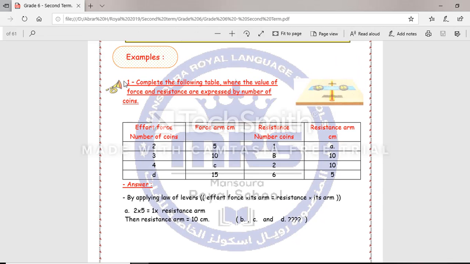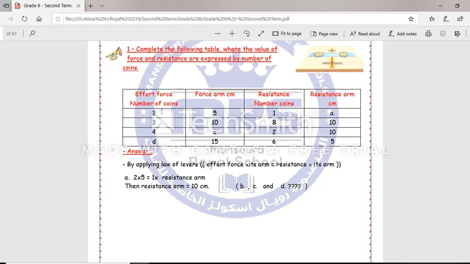Let's see here an example. Complete the following table where the value of force and resistance are expressed by number of coins. Here, the effort force, the number of coins, is 2, the effort arm is 5 centimeters, the resistance number of coins is 1, the resistance arm is A. And how can we get A?